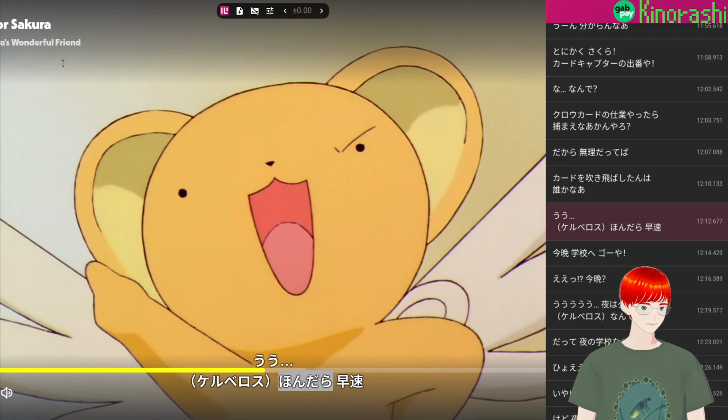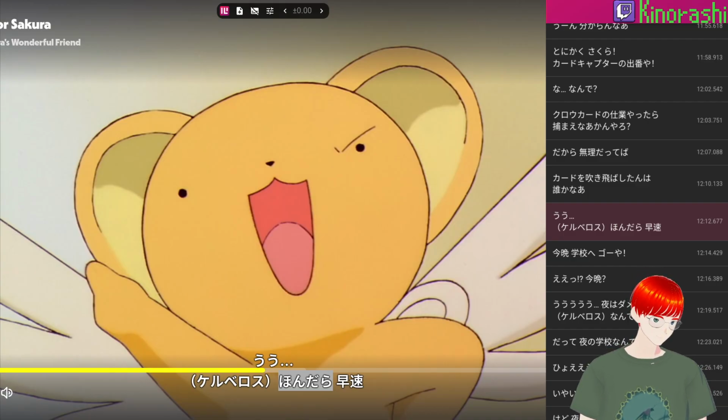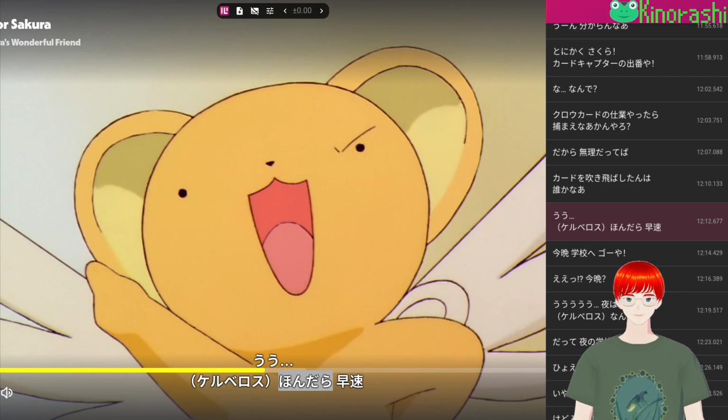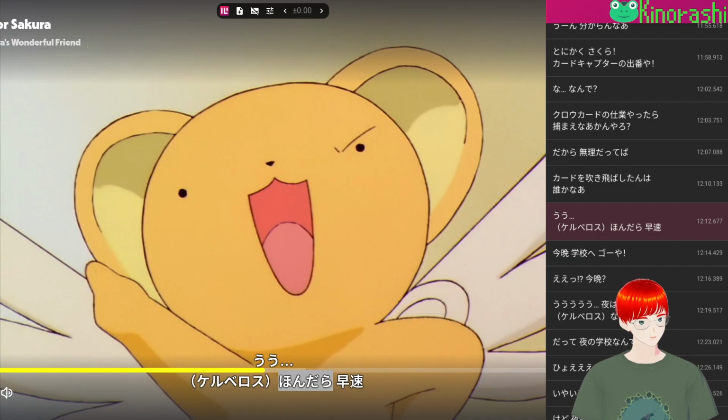So explain the grammar behind Hondara. Hora is described as a filler word used in Japanese, often to seek agreement or to fill a pause, similar to, okay.